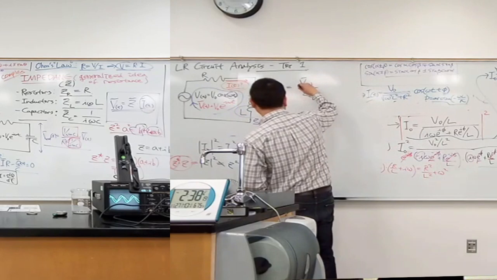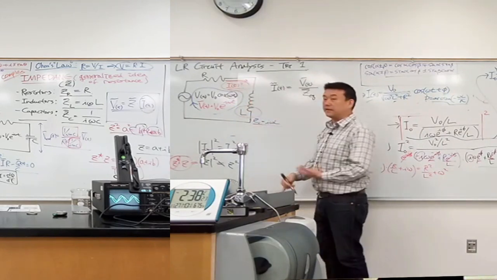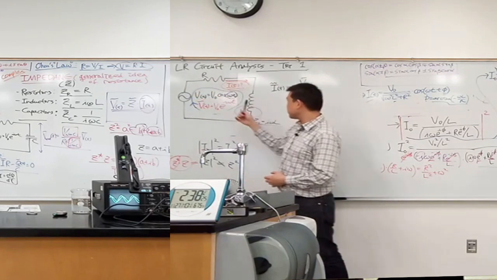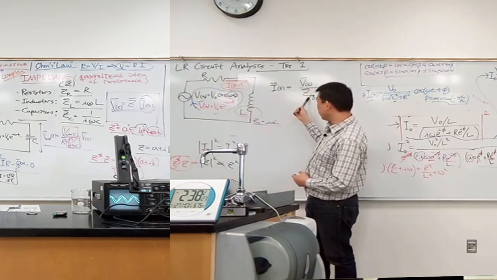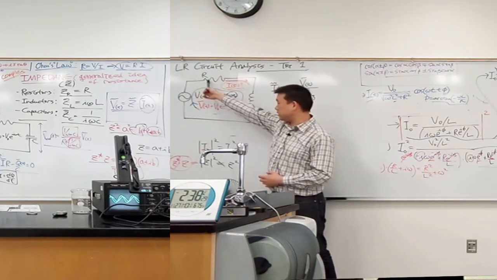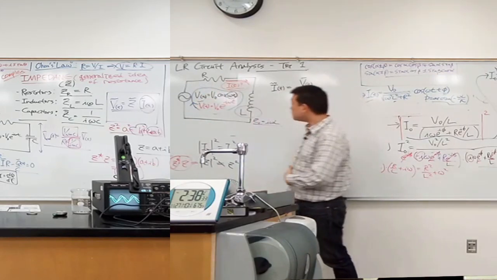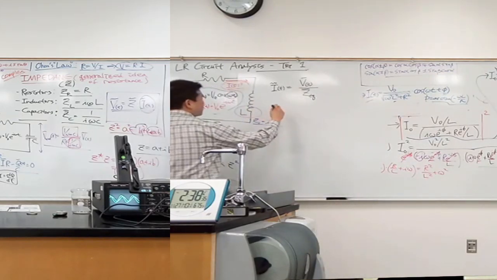If I'm treating this like a resistor, then it would be resistors in series. So this equivalent impedance would be the impedance of a resistor plus the impedance of the inductor.